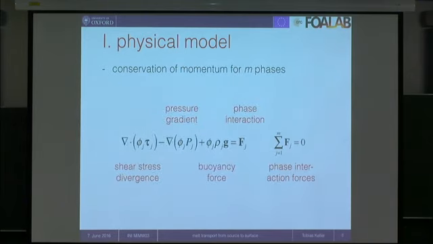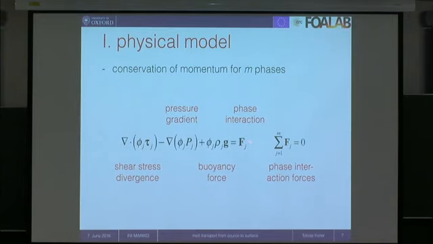And then if we're interested in not only what mass is doing, but also how the system dynamically moves, then we're interested in conservation of momentum. This again is just a general way of writing the Stokes equation, really, where J again is the phase, so we write one conservation of momentum equation for each of the phases we want to deal with. There's a divergence of shear stress involved, there's some pressure gradients involved, some buoyancy forces, and then crucially a phase interaction term.